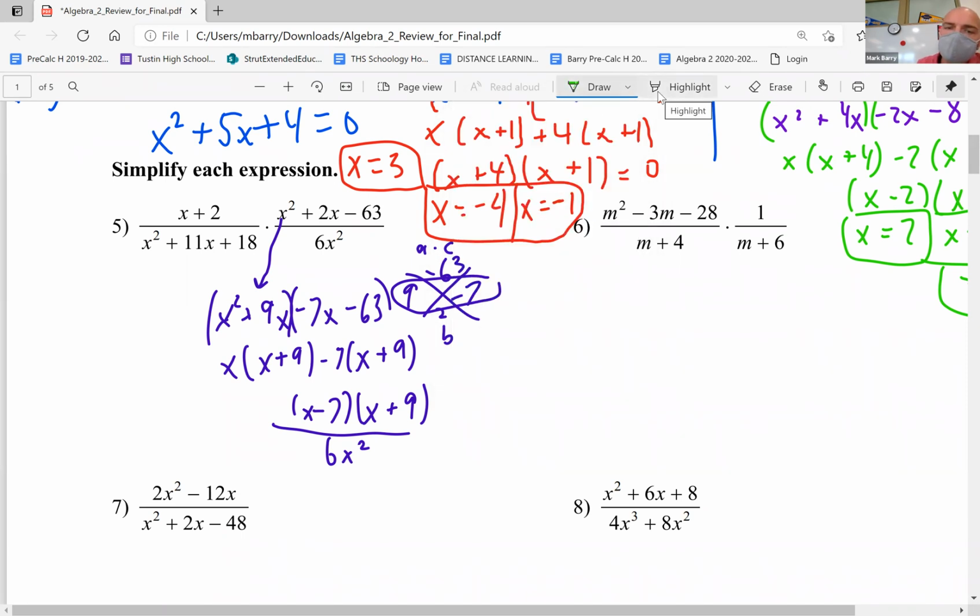Okay, so now we have to do the same thing for this one over here, the bottom left. So I have to think of two numbers that multiply to 18 and add to 11. So that sounds like 9 and 2, if I make them both positive. So we can rewrite this as x squared plus 9x plus 2x plus 18.